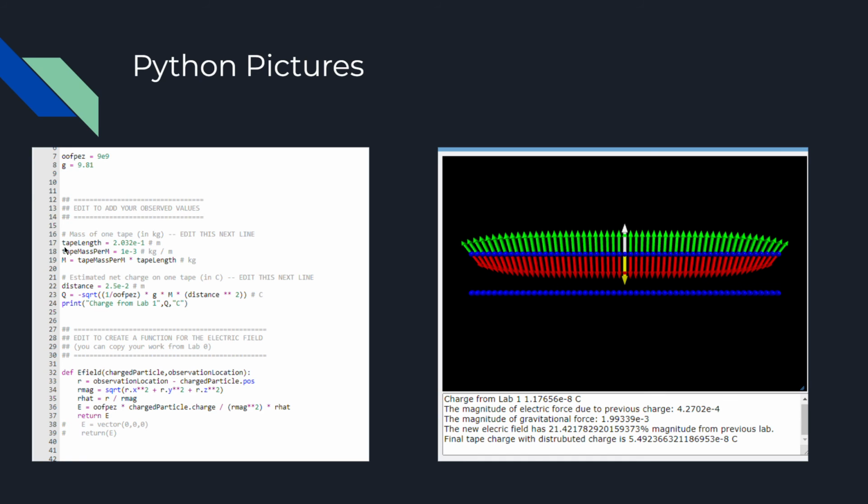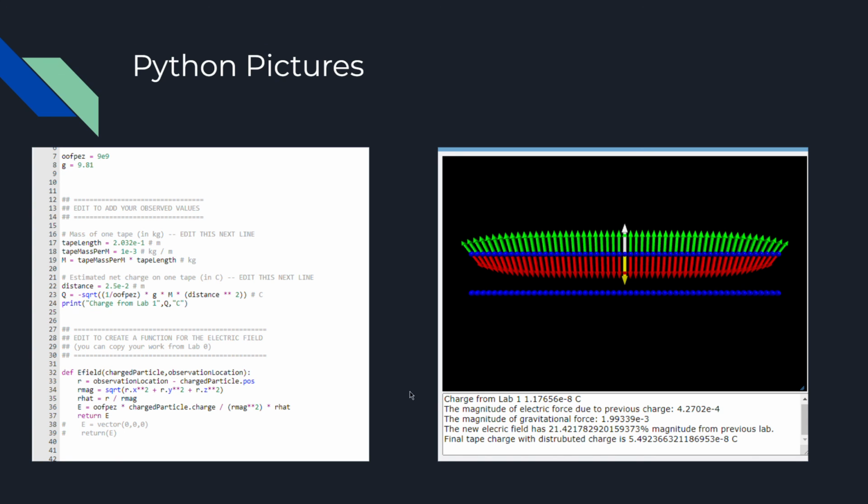You can see the tape length, the tape mass per meter, the mass of the tape, the distance between the two tapes when they separate, and the charge of my tape, which I inputted with another typo as a negative, because on the second screenshot my charge is positive, but I made a mistake nevertheless, and this will be fixed in my encode.